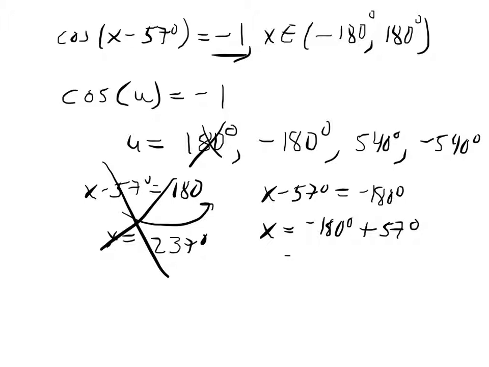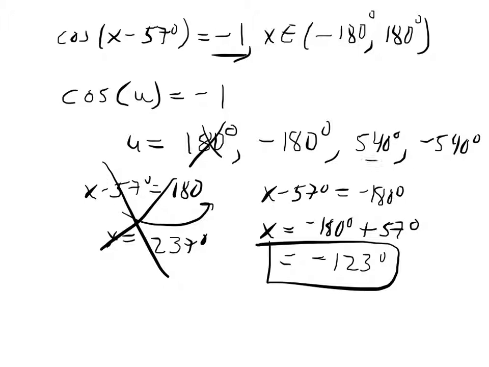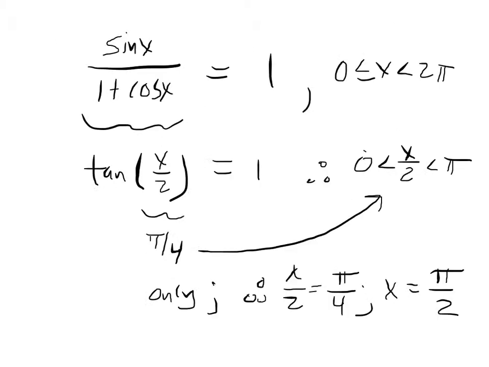That turns out to be, if I do my arithmetic correctly here, I believe negative 123. Negative 123 is between negative 180 and positive 180. If I were to look at these other numbers, I can see pretty quickly that they're not going to give me solutions for x just visually in between negative 180 and positive 180. So I get one solution here, x is negative 123 degrees.